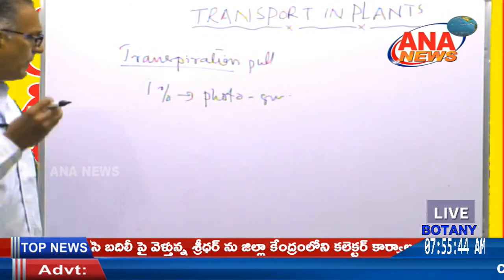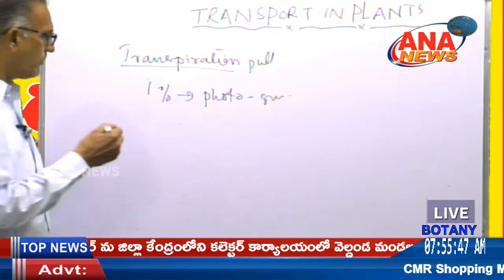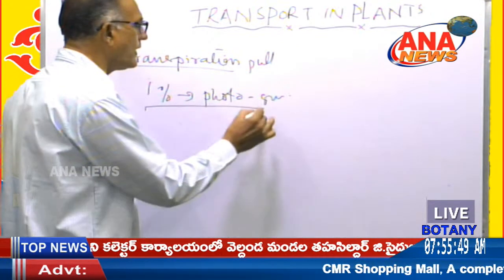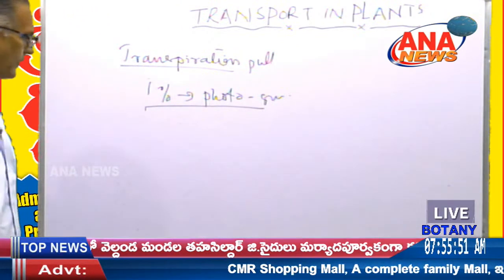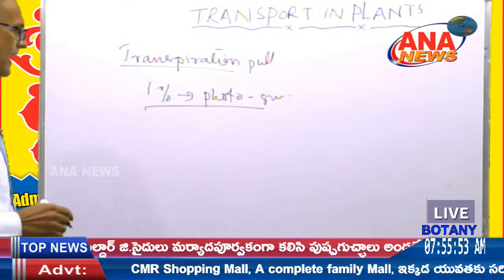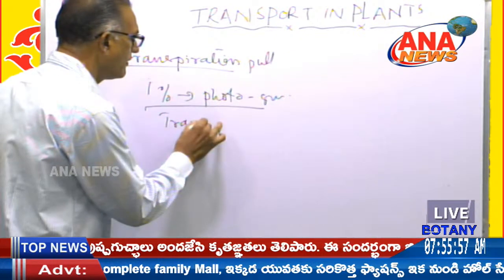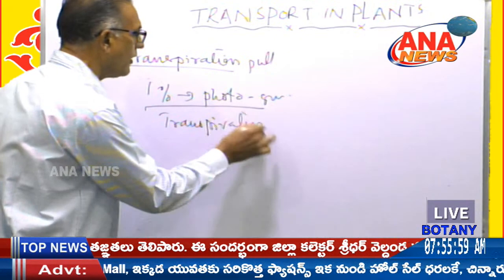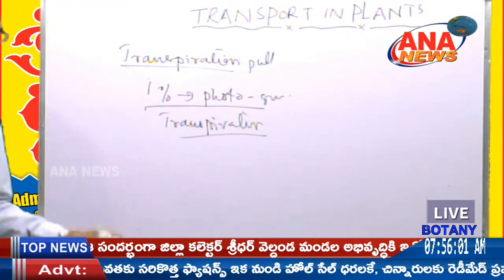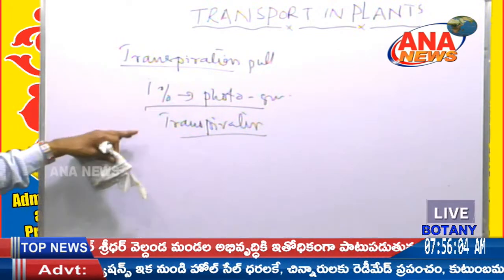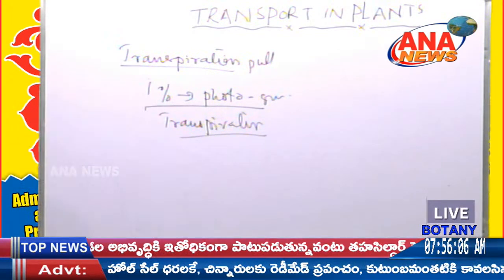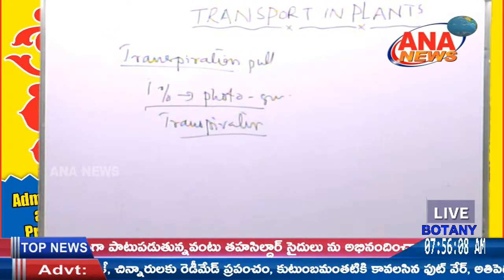The loss of water as water vapor from aerial parts of the plant is called transpiration.